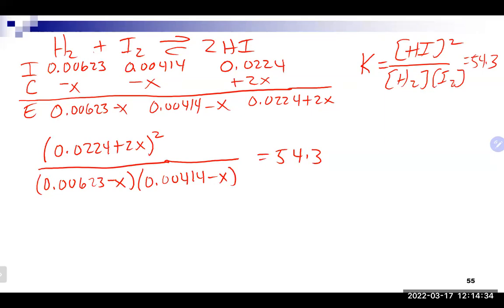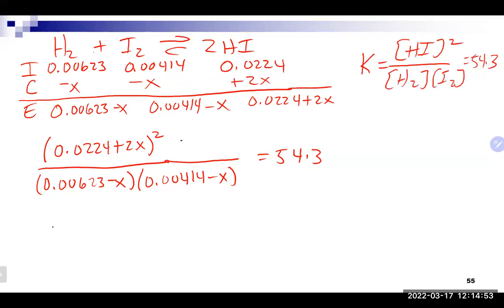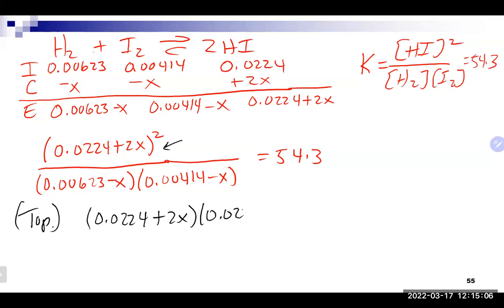We've got to do a little bit of factoring, FOIL method, whatever you want to call it. Basically, we've got to do it to the top on the left and right, and also the bottom on the left as well. So I'm just going to do those individually and then put them back together. I'm going to start with the top here. Looking at the top, we've got 0.0224 plus 2x times basically itself there. And again, in and out, right, to do it.